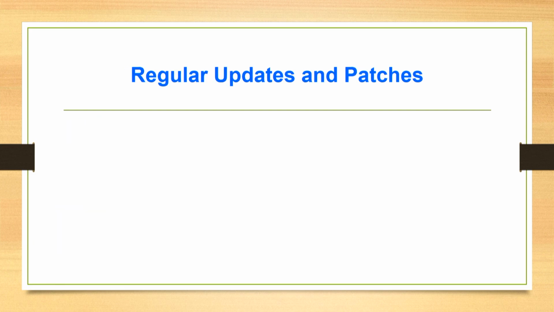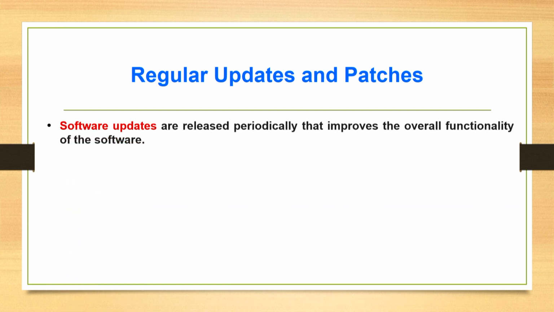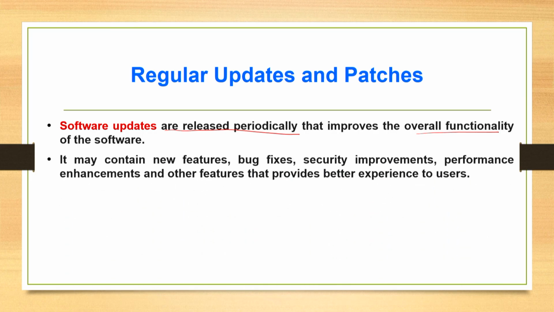So what are regular updates and patches? Regular updates means software updates are released periodically that will improve the overall functionality of the software. They may contain new features, bug fixes, security improvements, performance enhancements and other features that provide a better experience to the user.